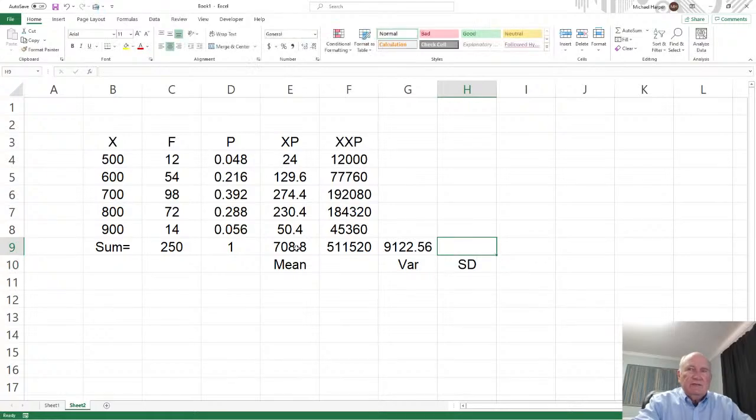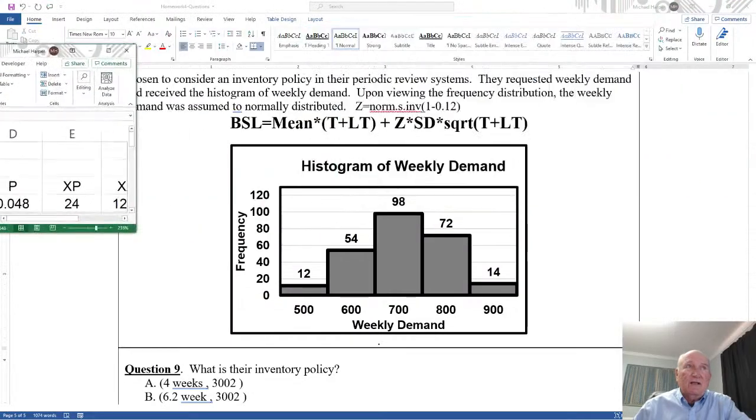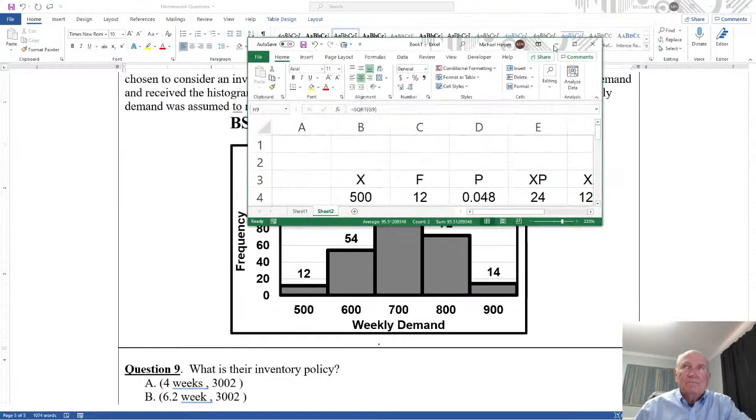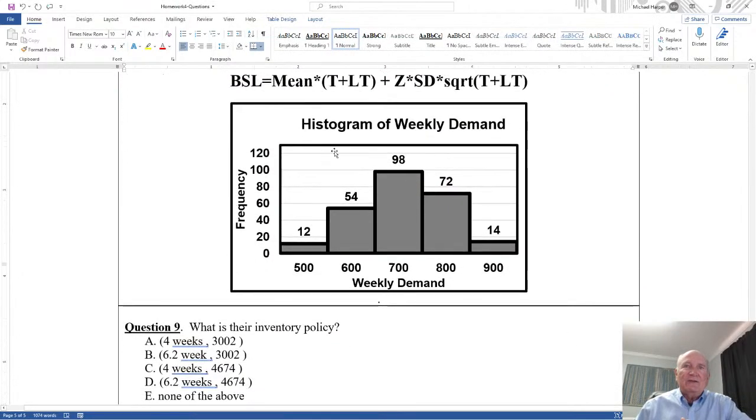Then our standard deviation is the square root of the variance. And there it is. So that's how you get the mean, and that's how you get the variance. It's not hard with Excel if you know how to do it, but it's not obvious. Now we have everything to calculate this.